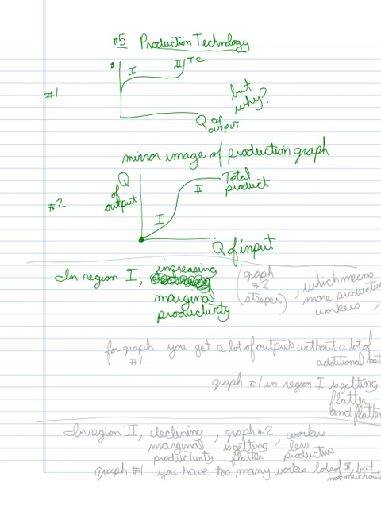In region number 1, we see increasing marginal productivity, which means that in graph 2, it's getting steeper, which means you have more productive workers.